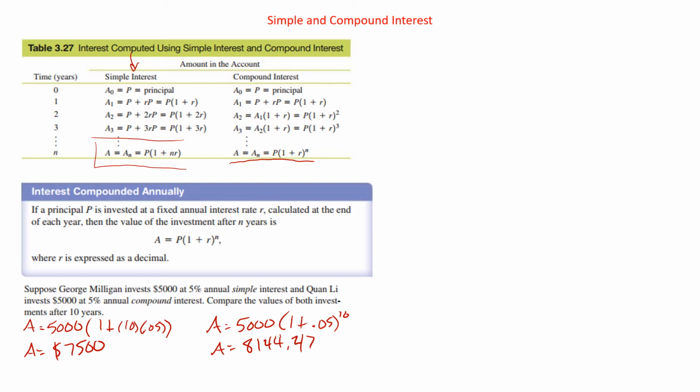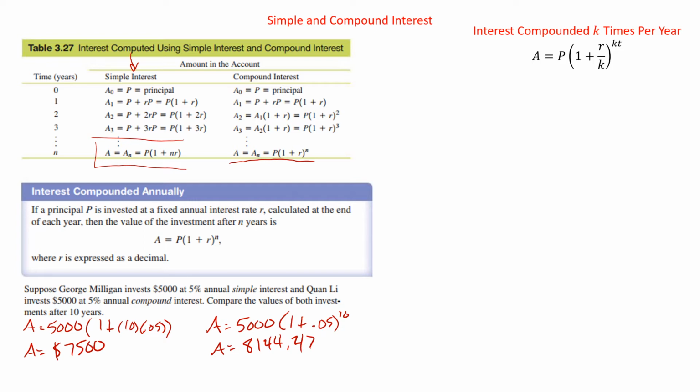Most things are going to be compound interest. Sometimes it's annually, but a lot of times it's not going to be annually. It's going to be quarterly or monthly or something like that. So what do we do if it's compounded more than one time per year? So k times per year. We have to adjust the formula just a little bit. We have to take that rate and divide it by k, because we don't get 5% every 3 months.